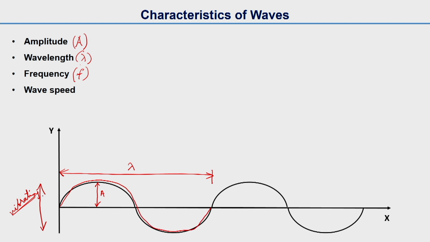That means you are vibrating from this point to this position, and then you are going back to this position, and then again coming back to the original position. That gives you one complete periodic motion, and that distance we call lambda. So we have another parameter which is called time period.